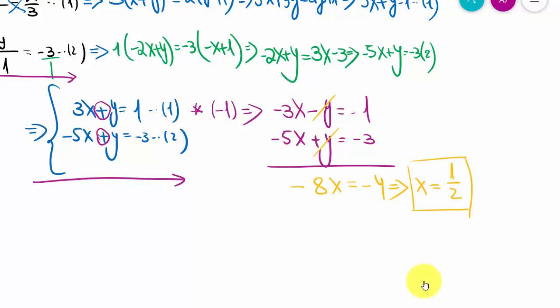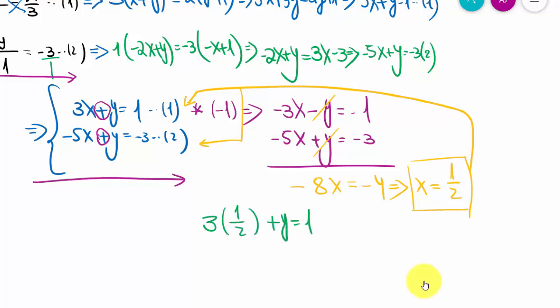Now you insert this value of x either in the first equation or in the second equation in order to find the value of y, and I choose to do it in the first equation. So I put 3x, x is 1/2, plus y is equal to 1. Now from here, y is equal to 1 minus 3 over 2.